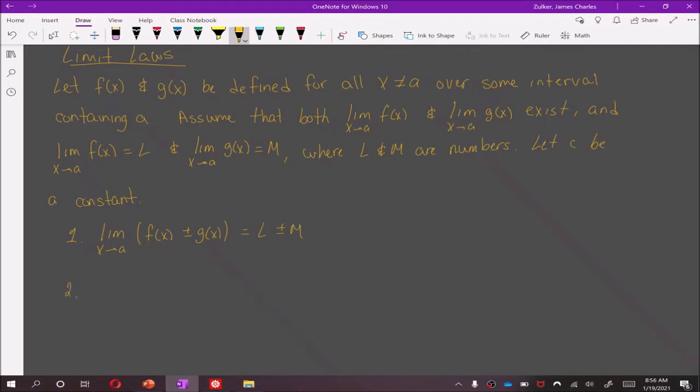Our second law, the limit as x approaches a of c times f of x winds up just being c times L. So if we take the limit of a constant multiple of a function, the result is just the constant multiple of the limit of that function.